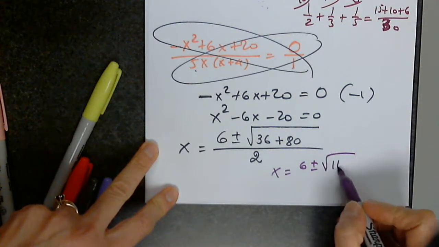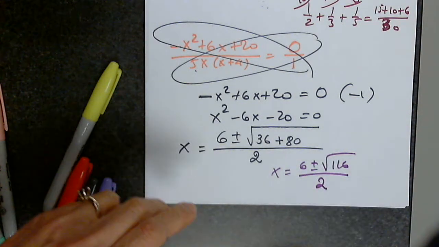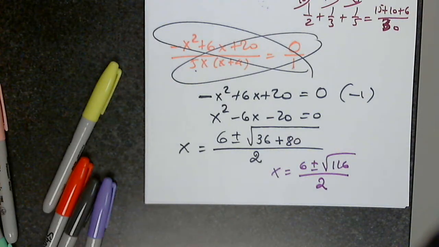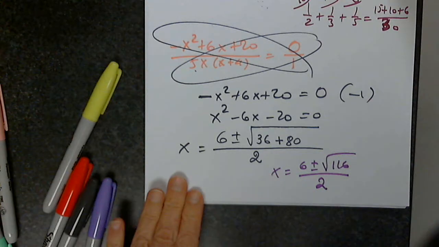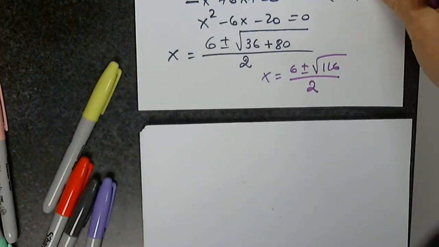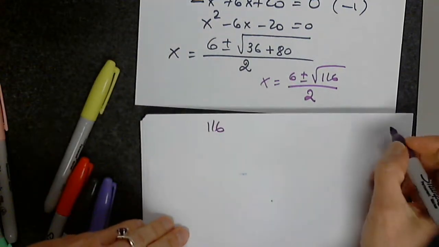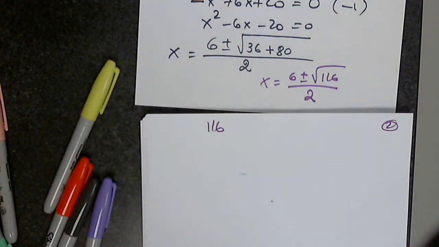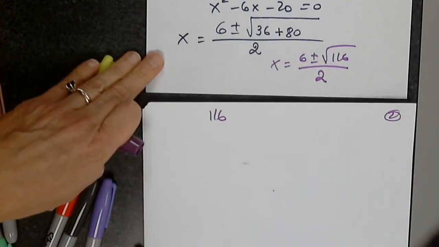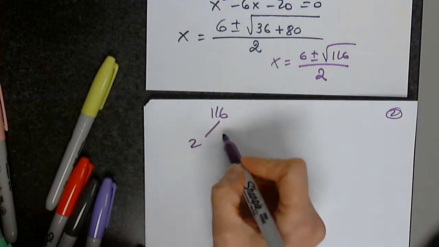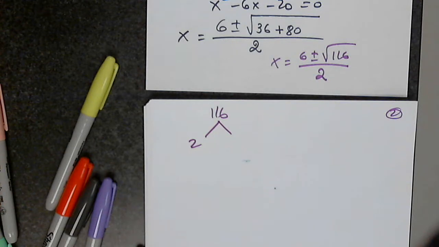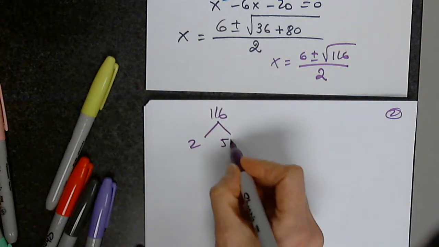116 divided by 2. I have to look at 116 and try to simplify it. So prime factors of 116. I know that it's an even number, so it must be divisible by 2. So then when I divide 116 by 2, I get 58.